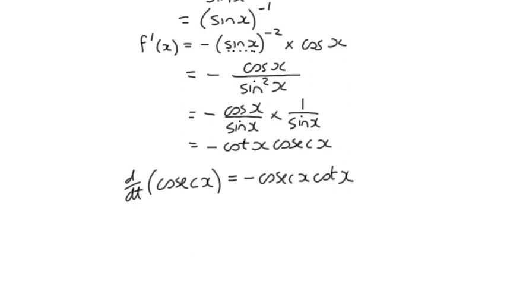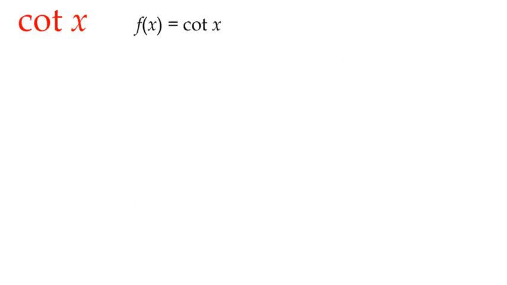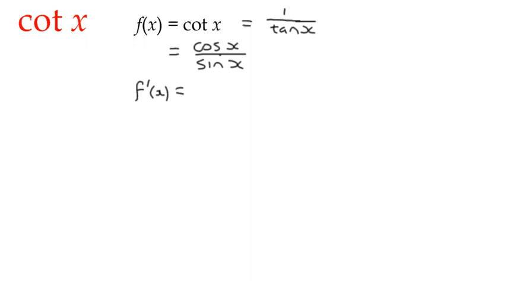And lastly, the derivative of cot x, 1 over tan x. So that's for saying that cot x is cos x over sine x. It's tan x upside down or inverted. Cos over sine. So we're going to use the quotient rule again, just as we did for tan x in the beginning.